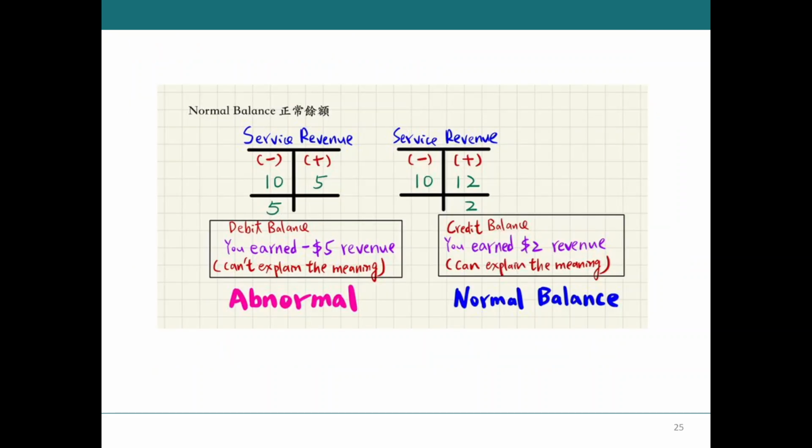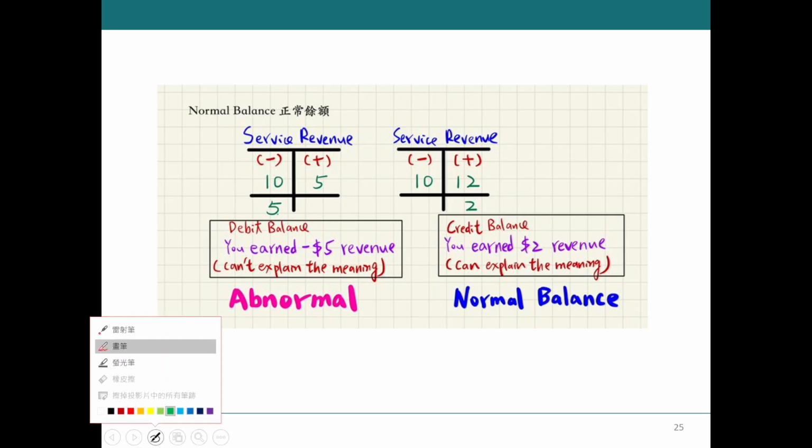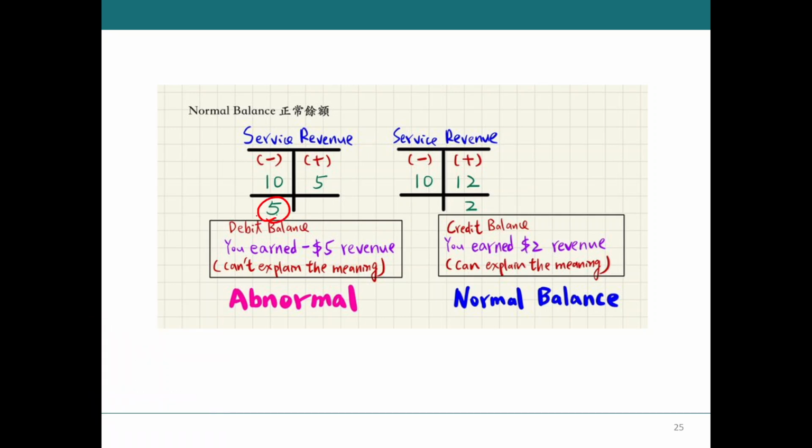Page 25. So I have a revenue balance on the debit side. Debit side means your revenue increases or decreases? Sarah, where is Sarah? Hi, Sarah. You're lucky today.